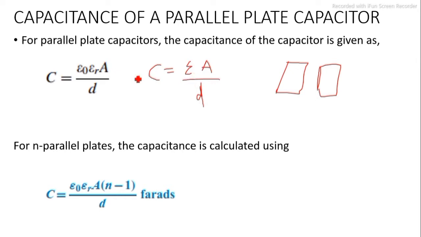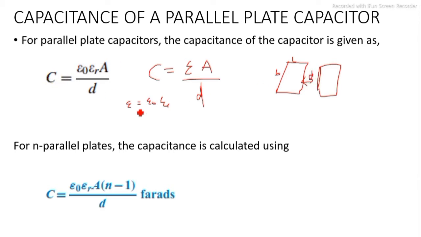Epsilon is a constant, which is epsilon naught, epsilon R. You'll be given the value for every material, epsilon naught and epsilon R. A is the area of one of the plates. If you are given a rectangular plate, that's length times breadth. And D is the distance between the two plates.